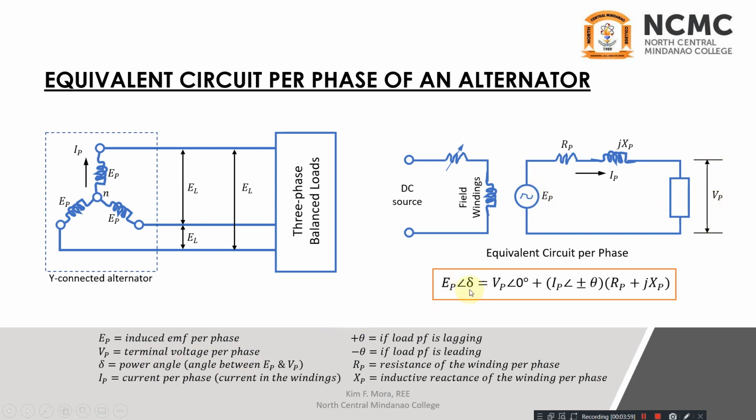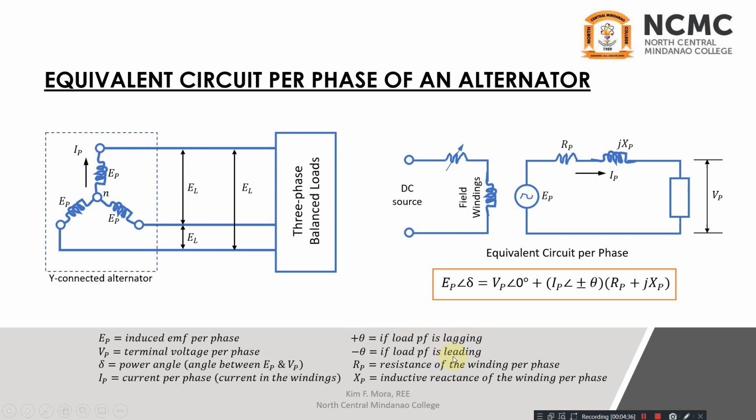Then, the gamma here, that is actually the power angle, and that is the angle between the EP and the VP. While kaning IP, I sub P, no? Nganon naman ang mga Pser that denotes nga per phase ni siya nga mga values mo nang naka P. So current per phase. Then this here we have positive and negative nga theta. It is positive if ang atong load PF is, or power factor is lagging.